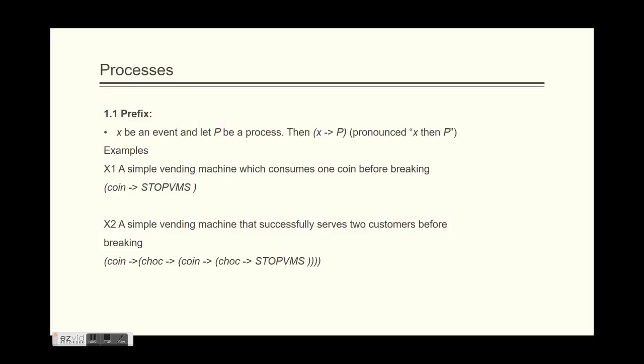In the second example, we have a simple vending machine that successfully serves two customers before breaking. So we have an event coin here, and the right side of the coin event is a process.